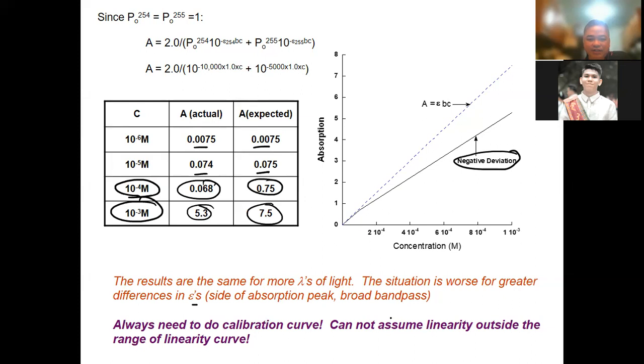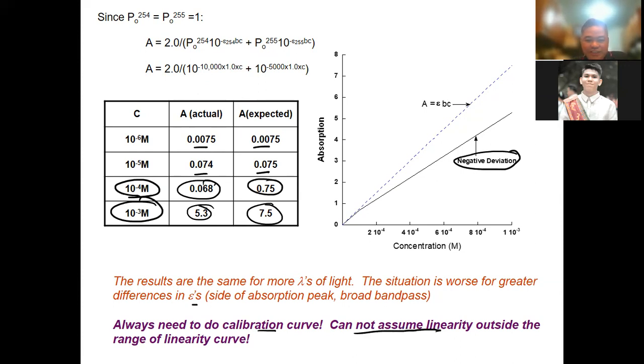So this is one deviation that you have for Beer's law, especially at higher concentration. So what you need to do is always do the calibration curve. And you do this to determine the limitation of your Beer's law. You cannot assume linearity outside the range of the linearity curve.